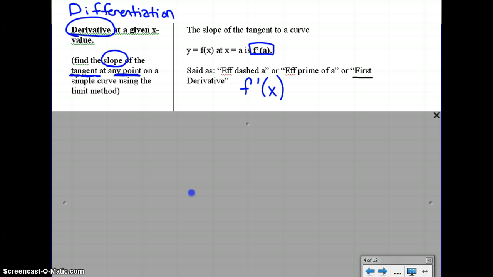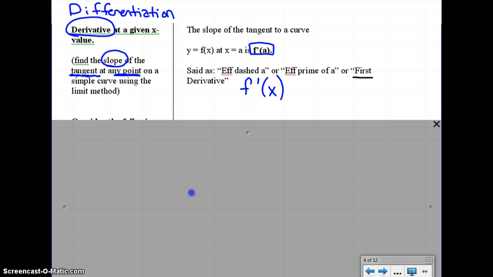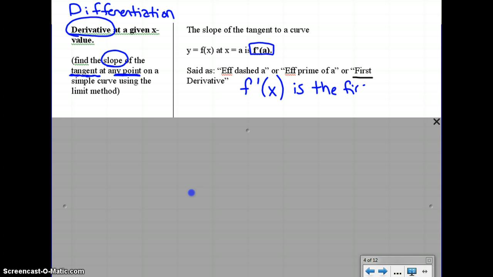So when you see that, what you are really doing is finding, so f prime is the first derivative. It is also the instantaneous rate of change.